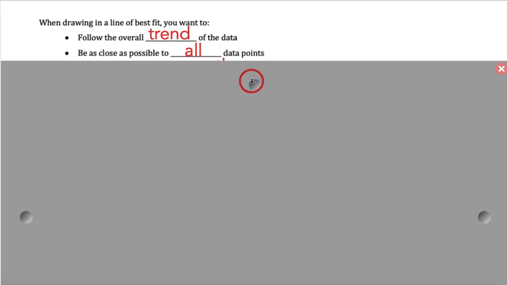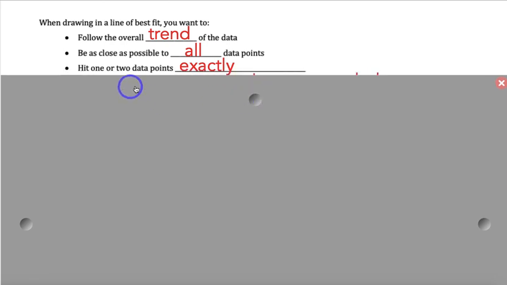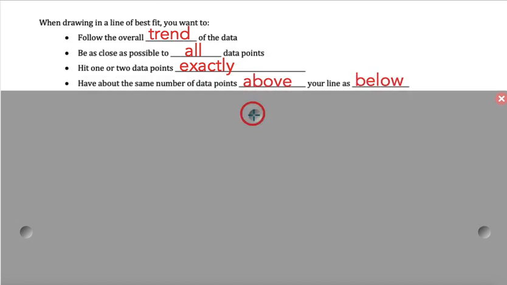Number 2, be as close to all data points as possible. Hit 1 or 2 points exactly. And if you can't hit several ordered pairs, try to have the same number of points above and below your line.